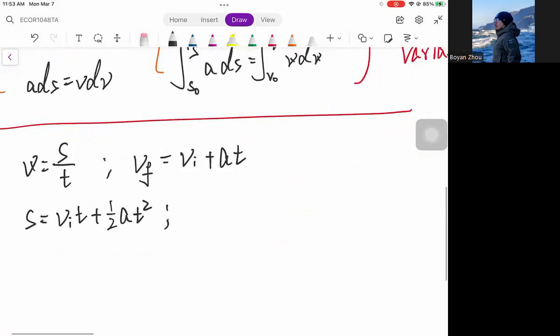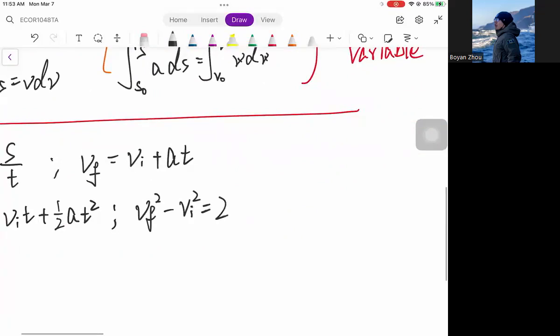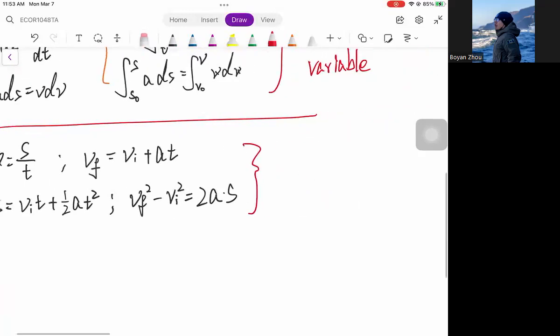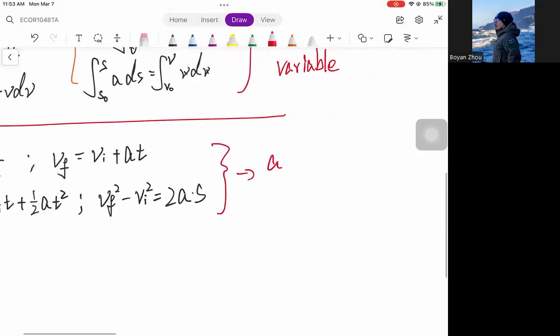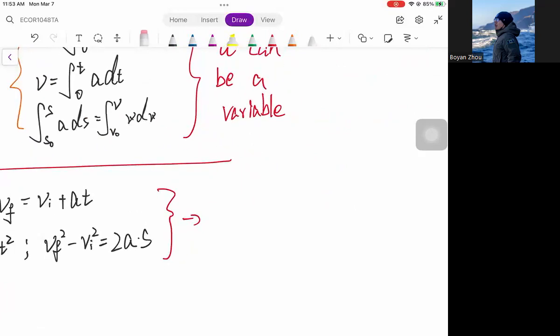And another one is the final velocity squared minus the initial velocity squared is equal to 2 times acceleration times displacement. Those equations from high school are actually for when the acceleration is a constant.